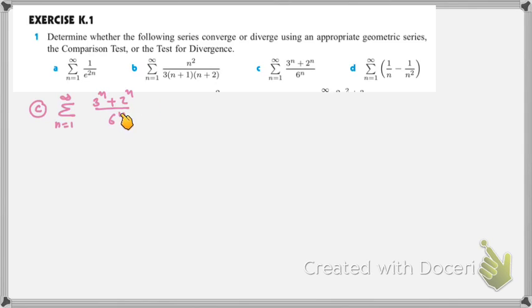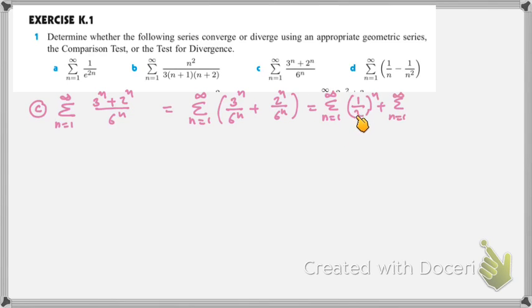If I divide them separately, it's going to look like 3 raised to n by 6 raised to n plus 2 raised to n by 6 raised to n. Now 3 raised to n by 6 raised to n, I can write as 3 by 6 the whole raised to n, which will make it 1 by 2 raised to n, and this is going to be 1 by 3 the whole raised to n. So this series now splits into two.